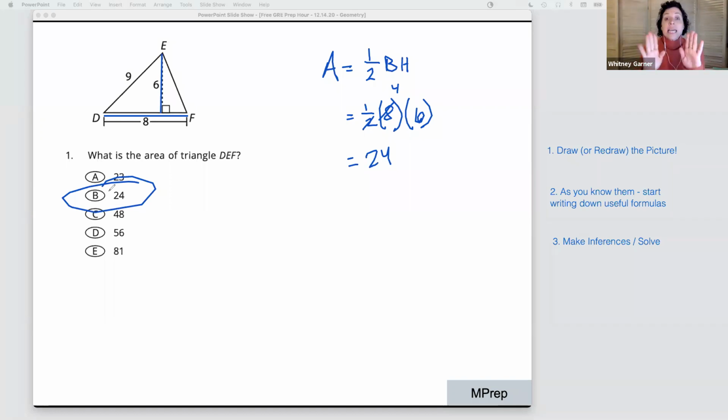If you did not get it right, you get to make your first flashcard. What your flashcard is going to look like in this case is you'll put the question, at least some portion of it, on the front of a card. And then on the back of the card, here comes the really important part. On the back of your flashcard, you're going to make a note about what you would need to know, notice, or do.